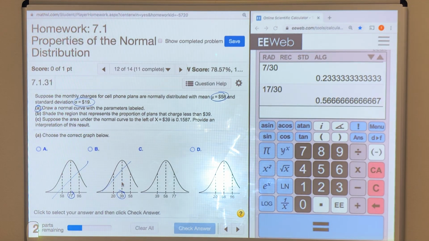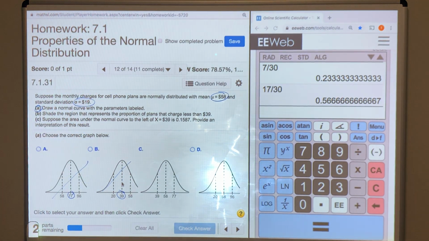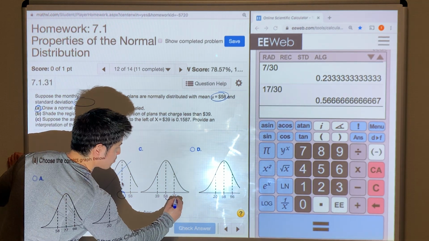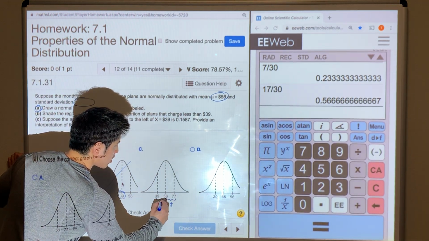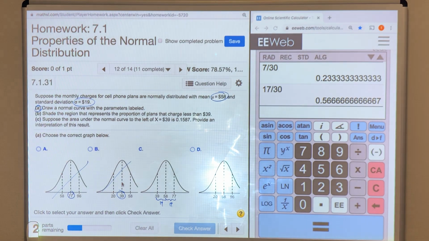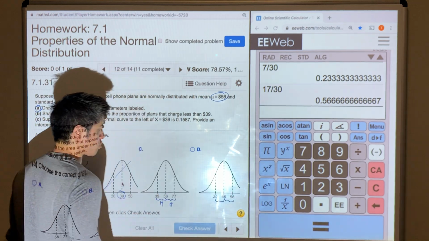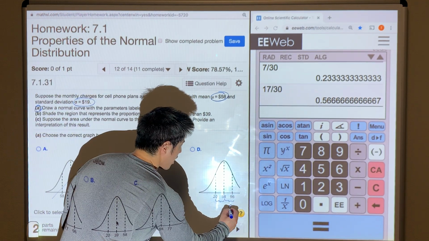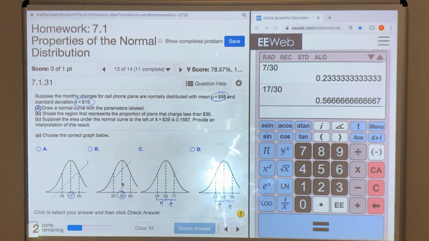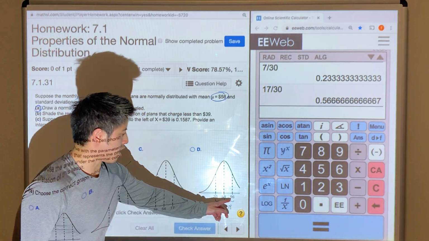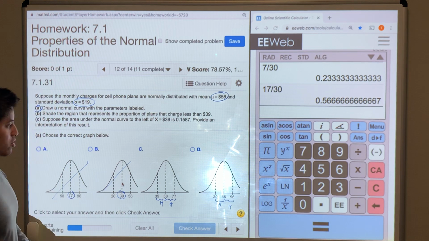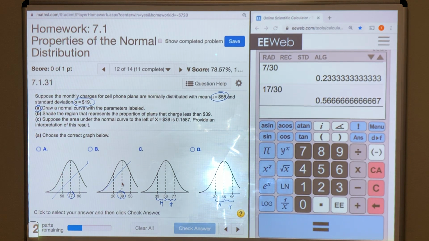Well, from the previous problem, you learned that a standard deviation of 19 should mean that the difference between our units, our cutoff points, whatever way you want to call it, our standard deviation markers for the first standard deviation should be 19. Well, clearly D is not that. This, C, is the correct answer. So C, the difference is indeed 19, and so there it is. Okay? All right. Let's move on to the next one.